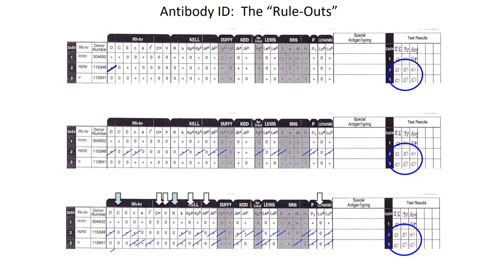Now, because not all antigens have been ruled out, we cannot rule out the possibility of lower prevalence antigens. The ones in white are the antigens that none of the screening cells even expressed. So if a person has an antibody, we cannot rule out that they don't have an anti-CW or an anti-V on the basis of these screens, even if they were completely negative.